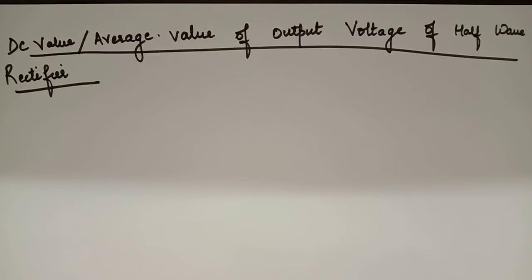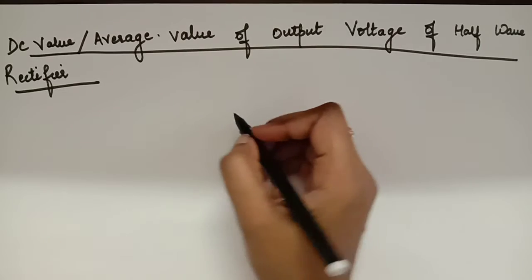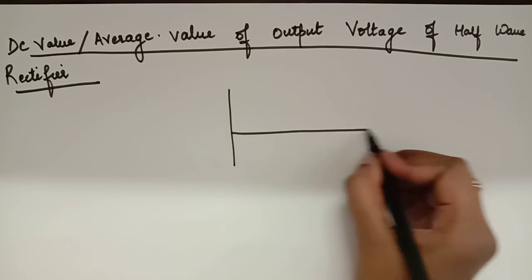So let's calculate the DC value for it. Now, how to calculate the DC value? When we are going to calculate the DC value for the output voltage, let us draw only the output waveform of the half wave rectifier.